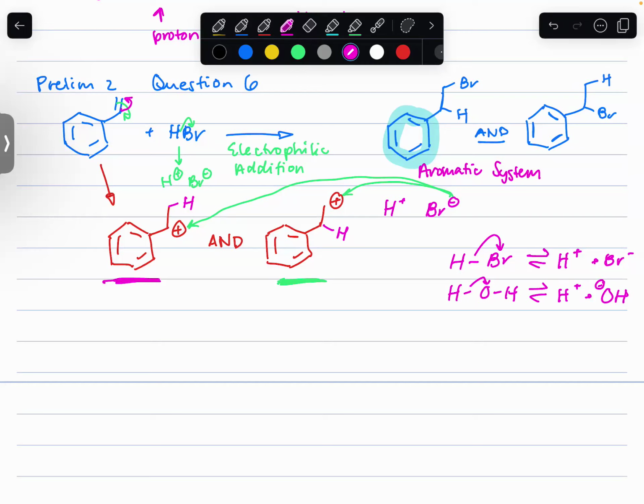So hydrobromic acid, which is this, hydrochloric acid, which is HCl, and you probably won't use it, but if you do, iodic acid, which is HI, those all break apart pretty easily. And because they're strong acids, they exist more in the ionized form than in the connected form.